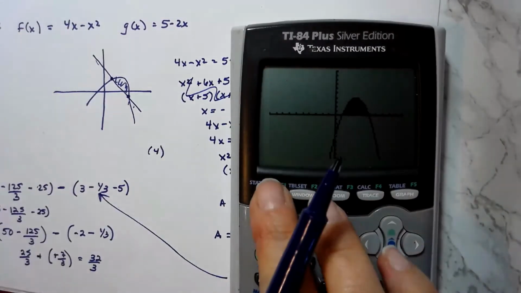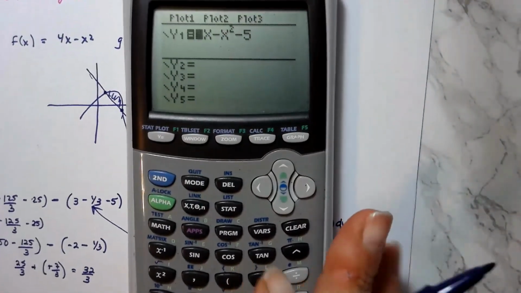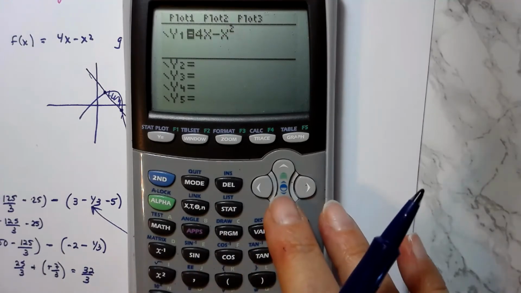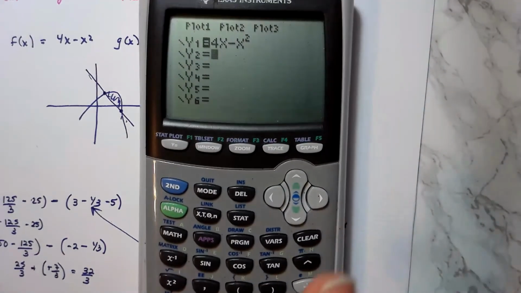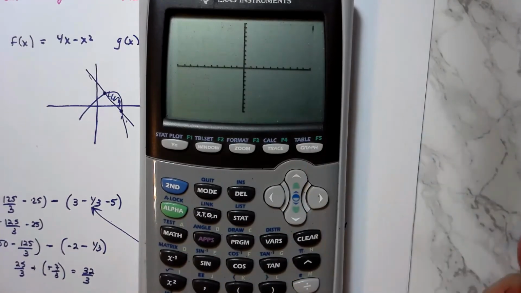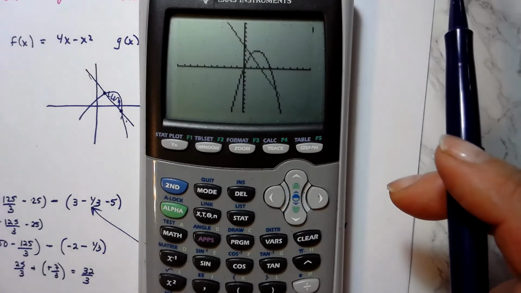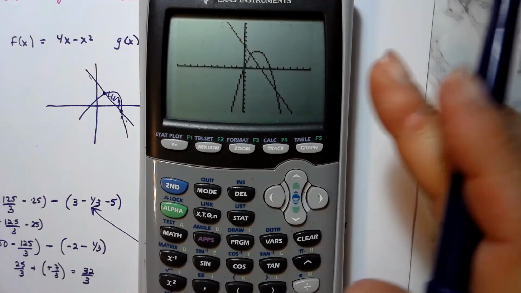The other thing you could do in your calculator is put each function in individually. So let's say 4x minus x squared in y1 and 5 minus 2x in y2, and hit graph. And there's the parabola, and there's the line.